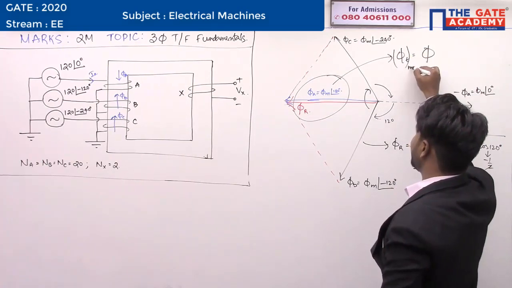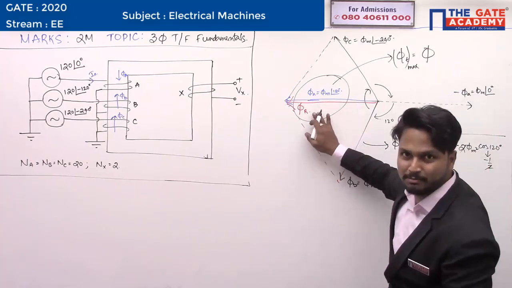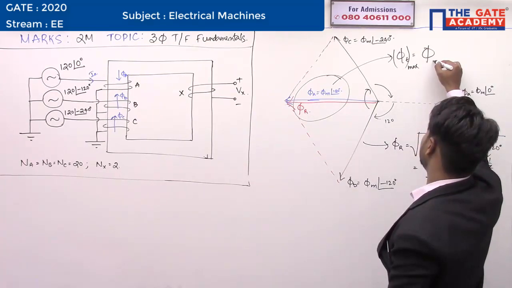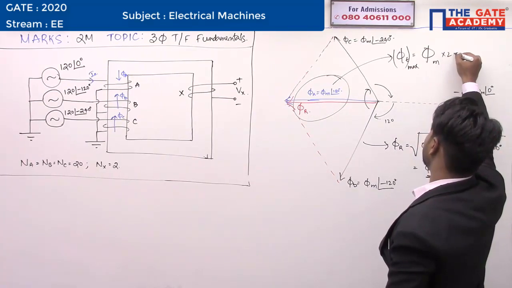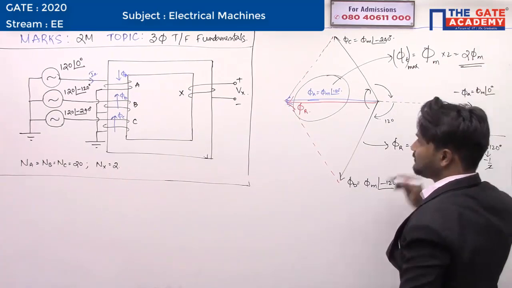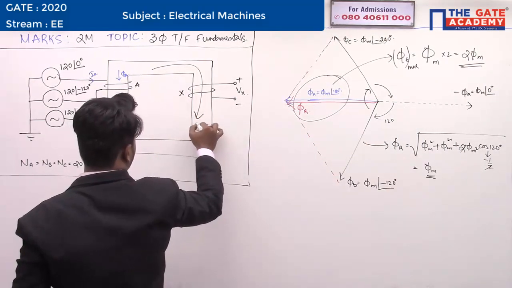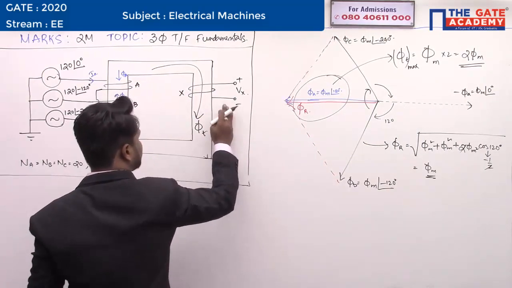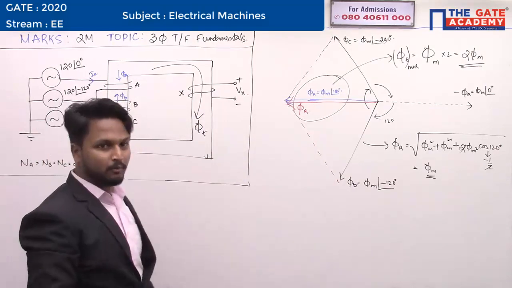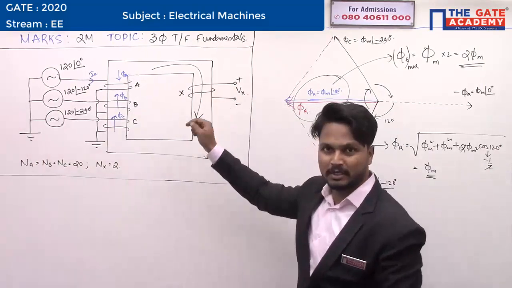The peak value of phi t is equal to the maximum value of this plus the maximum value of this, therefore phi m into 2, that is 2 phi m. This total flux phi t is passing through the center of this particular winding.